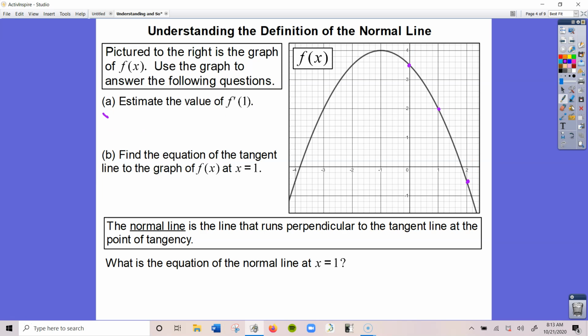So we're going to use f prime of 1 is approximately f of 0 minus f of 2 over 0 minus 2.